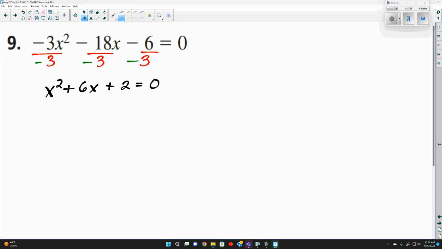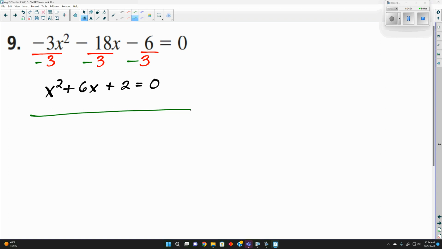The number in front of x squared is 1, so we look at the factors of our last term, 2. Is there any way we can take the factors of 2 and add them together to get 6? No. So this doesn't work. We can't factor, and most likely graphing is not going to work either. So completing the square is the only method that we have that works.